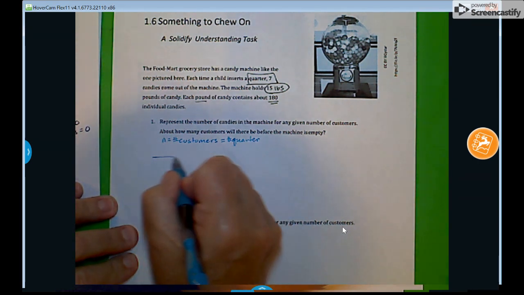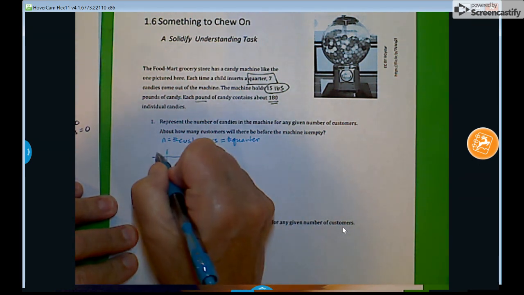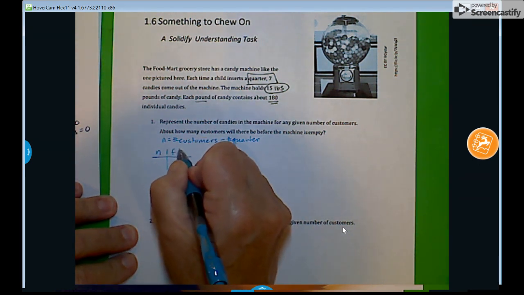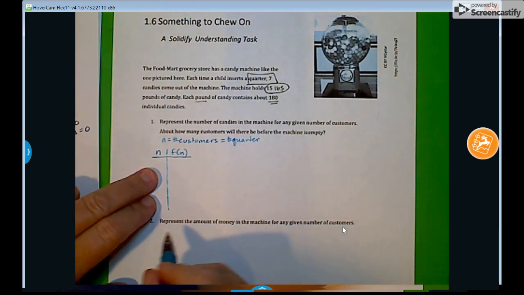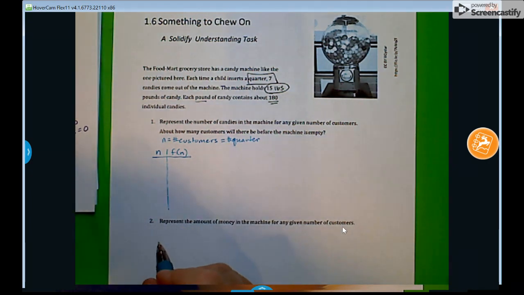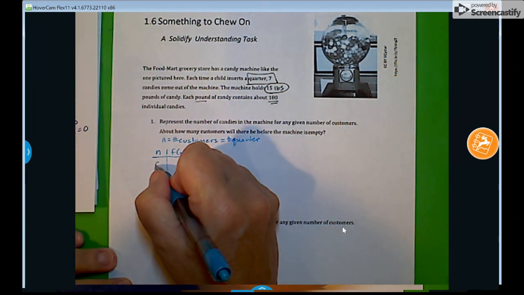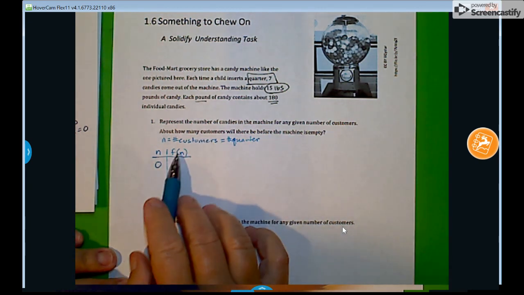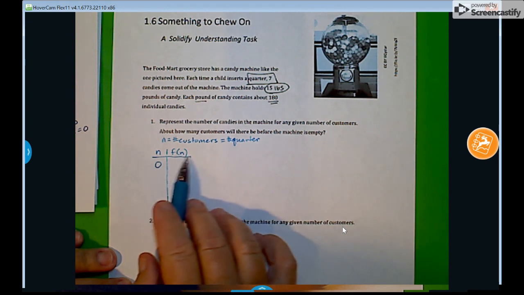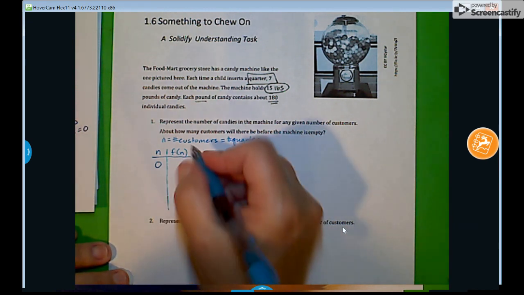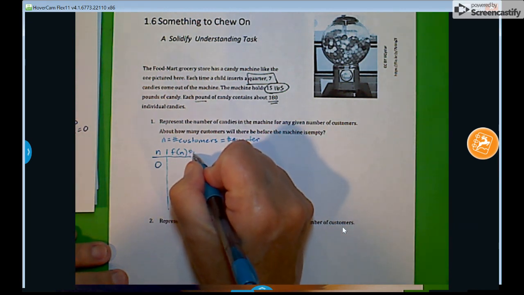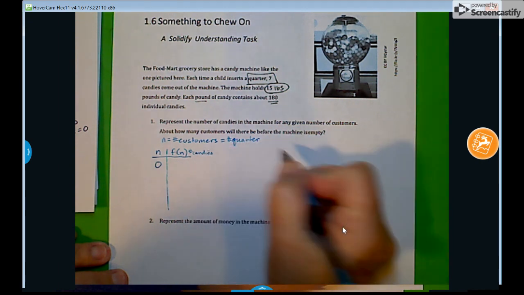If we could build a table, and we could have N and F of N here. So we're going to need to know basically at time 0, really, before there's any customers, how many gumballs or pieces of candy there are. So this would be number of candies, or number of quarters, however you want to.